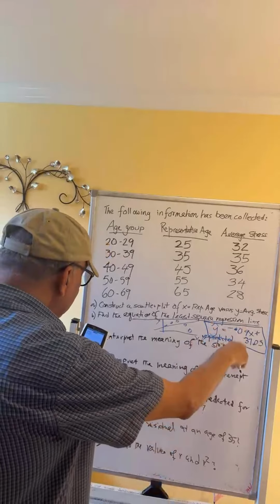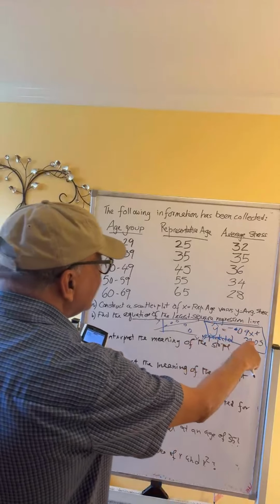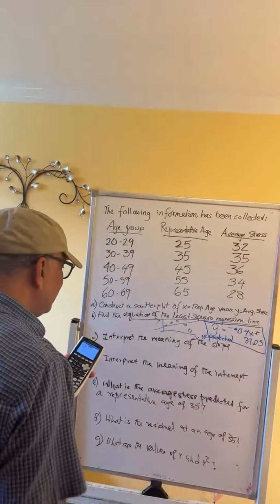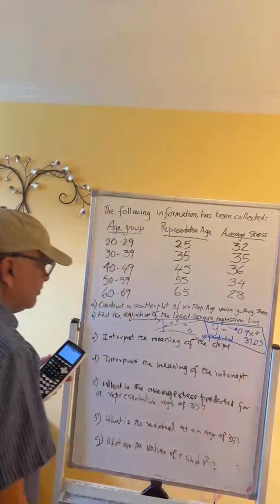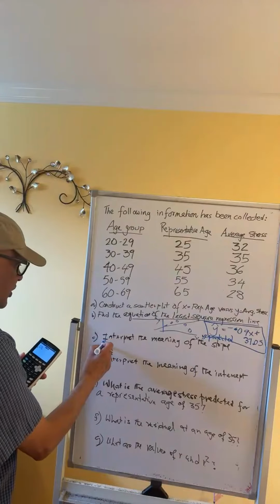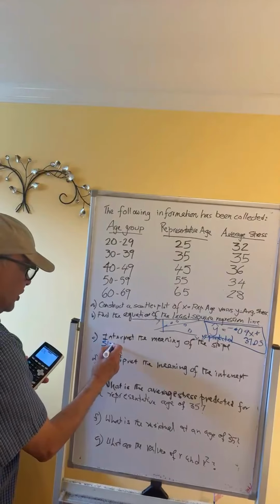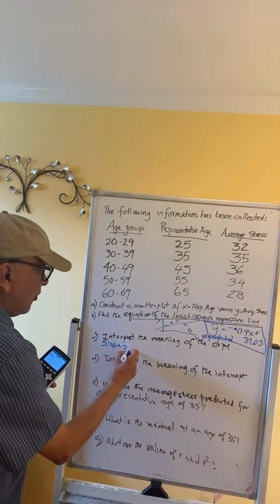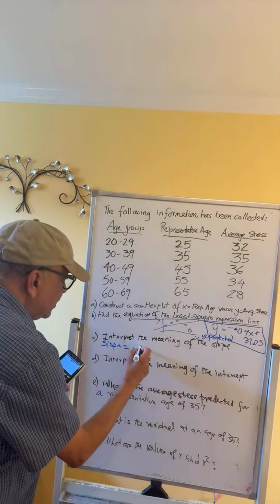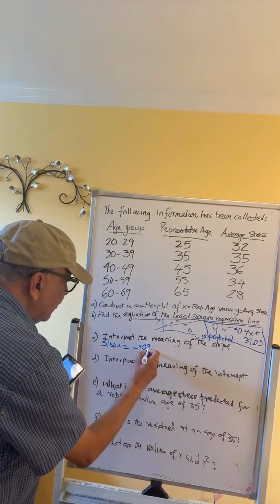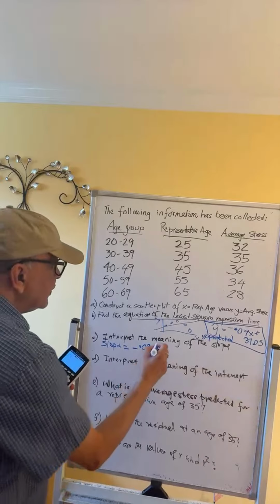So this is your equation of the least square regression line. Y hat equals minus 0.09 times x plus 37.05. So the slope is the coefficient of x. Slope is minus 0.09. What is the slope?